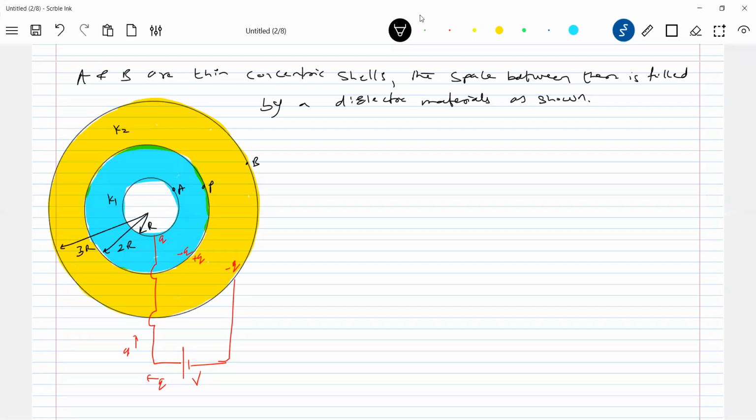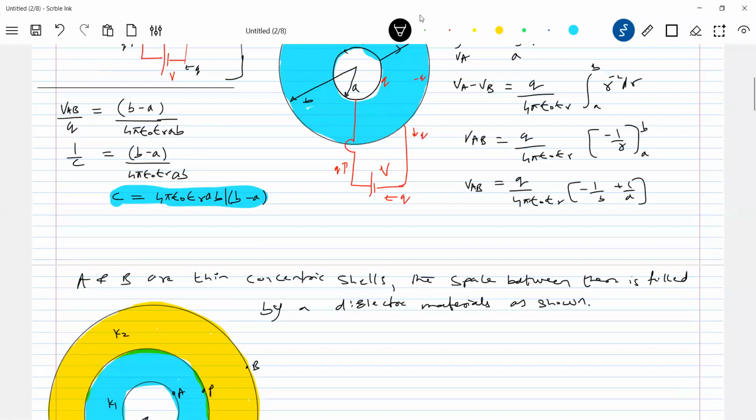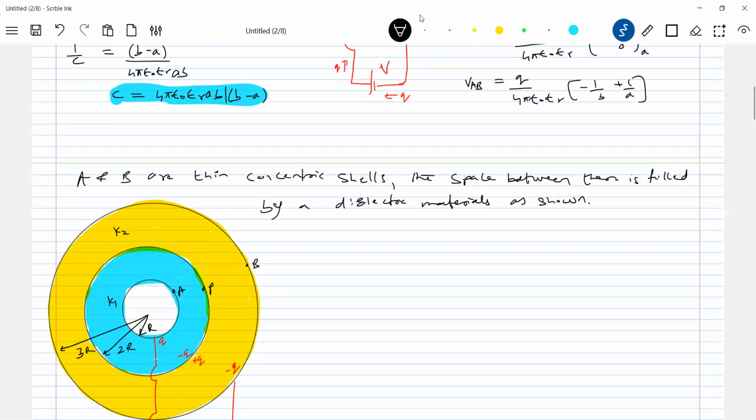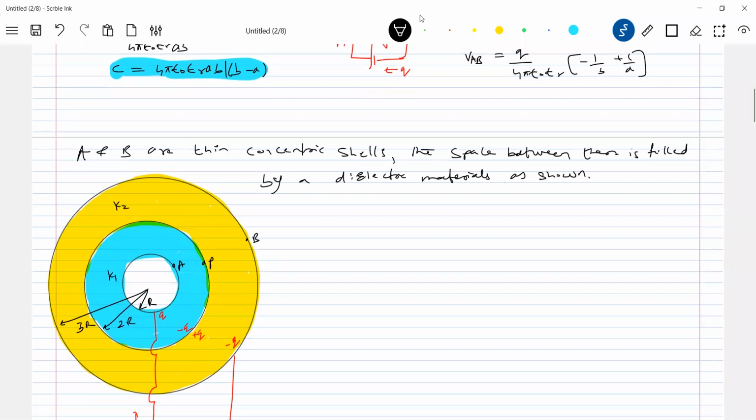How to find the capacitance CAP? Straight away go back to the formula we have, 4 pi epsilon naught K1, here A is R, B is 2R. I'll still retain that formula so that it will help you.